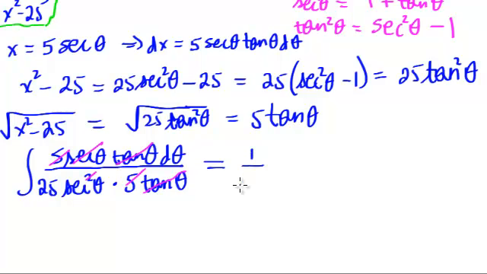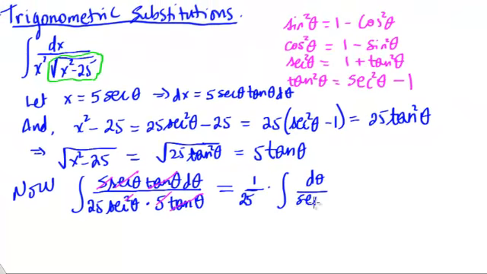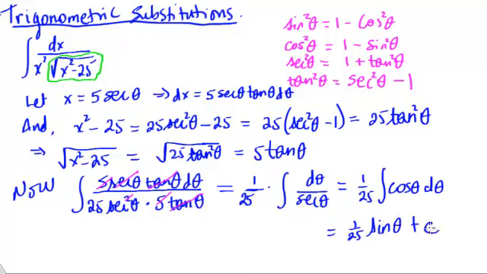It's a constant, so I can take it out of the integration sign. 1 over 25 times the integral of d theta over secant of theta, or it's 1 over 25 times the integral of cosine theta d theta, because 1 over sec theta is cos theta, and that gives me 1 over 25 sine theta plus c.